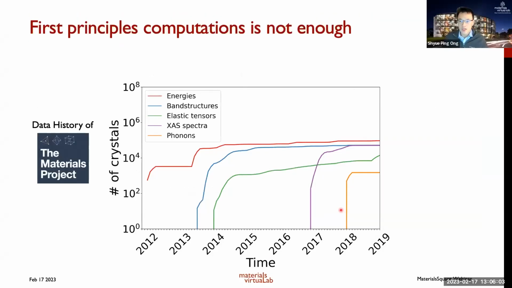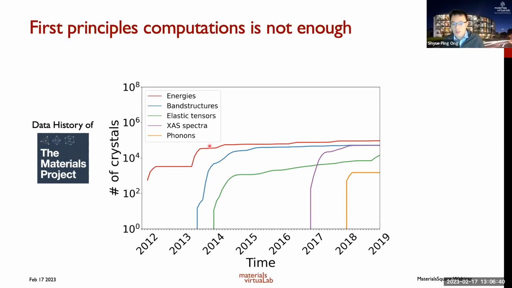Now, it turns out that just relying on first principle calculations is actually not enough. I'd like to show this chart, which shows the data history of the Materials Project. The x-axis is the year, and the Materials Project was started in about 2012 or so. Throughout the years, we have gradually increased the number of materials in the database, starting from a few thousand structures to close to the 140,000 materials we have today.